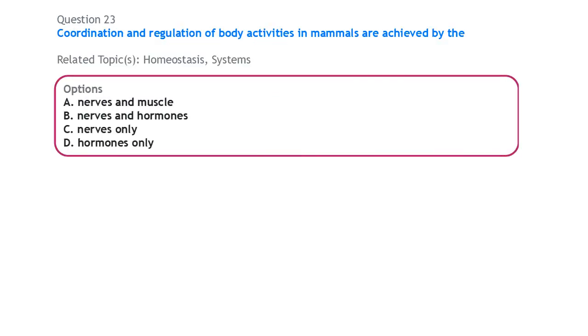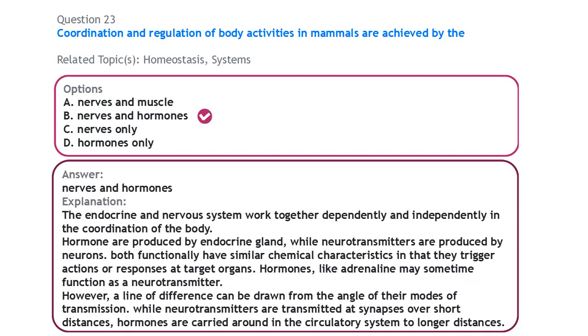Next on homeostasis: coordination and regulation of body activities in mammals are achieved by nerves and hormones, the endocrine and the nervous system.